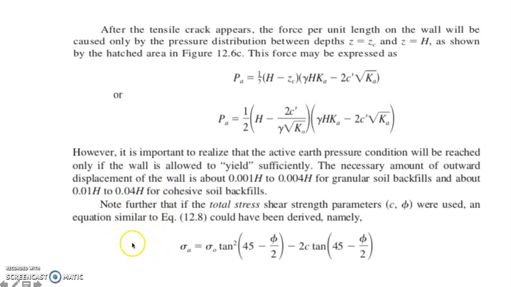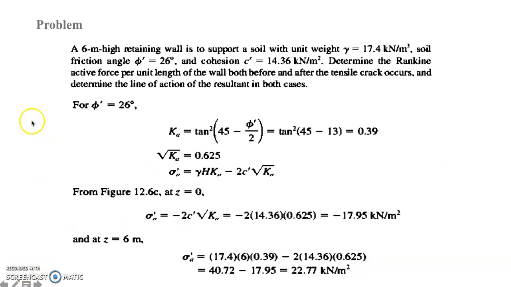We have to take note further that if the total shear strength parameters C and Phi are used, the equation for the active pressure can be in this form: sigma sub O tangent squared of 45 minus Phi over 2, minus 2C tangent of 45 minus Phi over 2.